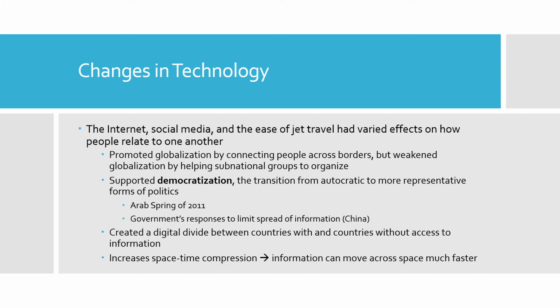The changes in technology also supported democratization, which is the transition from autocratic to more representative forms of politics. This doesn't necessarily always happen. For example, the Arab Spring in 2011, when across the Middle East you had an overthrow of autocratic dictators. To be fair, few countries saw the installation of more democratic representative forms of governance, while others did not.